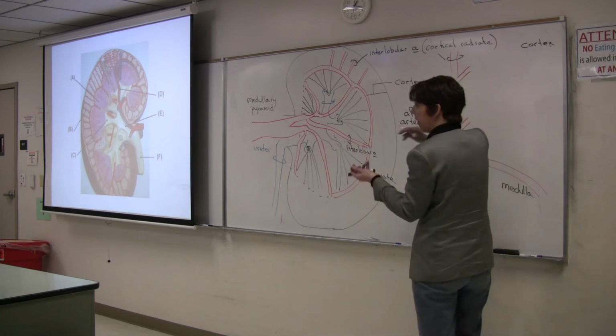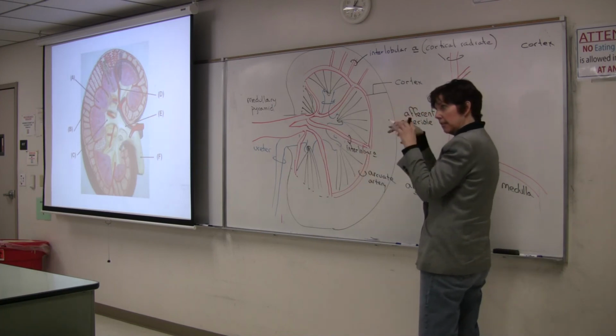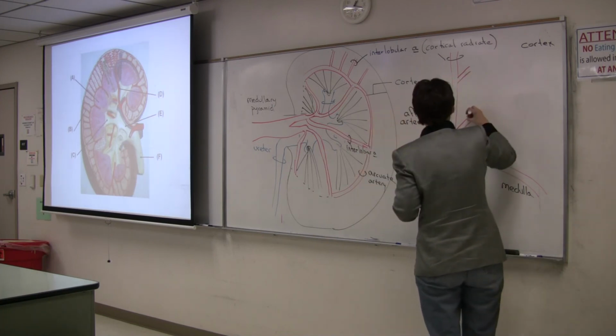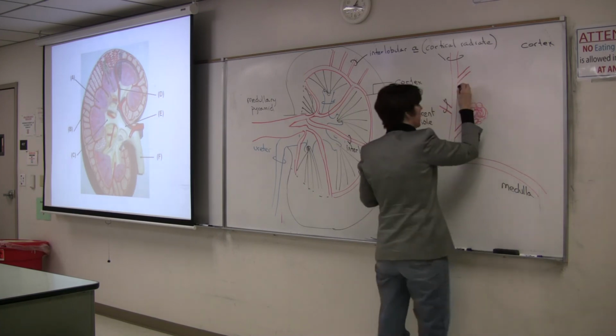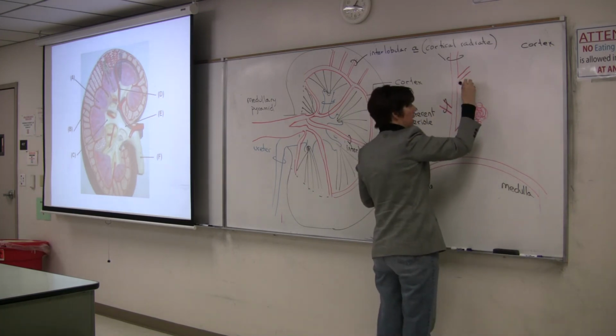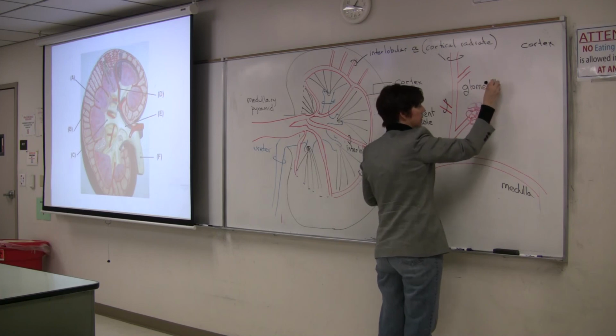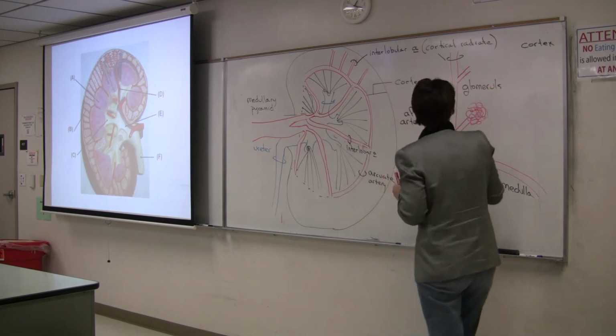So these capillaries are formed as tufts, balls that are coiled and twisted back and forth on each other. So this is known as a glomerulus or glomerular capillaries.